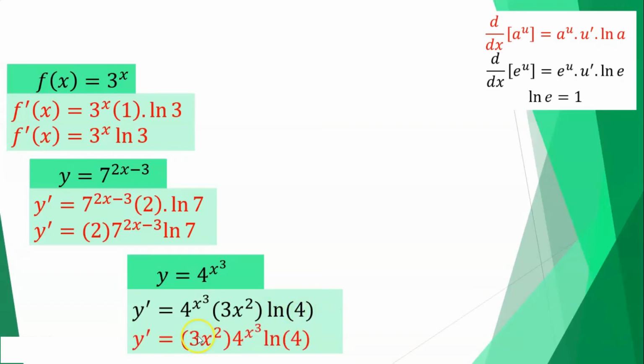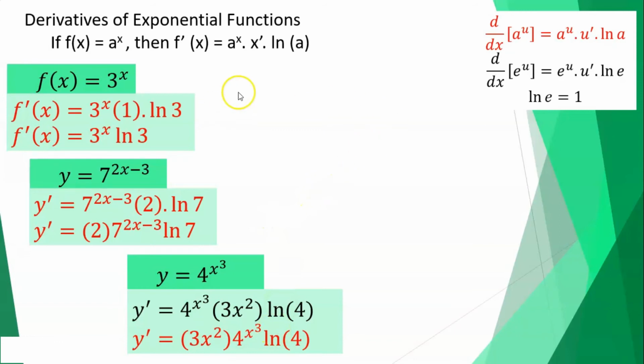Or we can rewrite it as 3x to the power of 2 times 4 to the x cubed, natural log of 4. So again, if we're given a to the power of x, its derivative is simply a to the power of x times the derivative of the exponent times the natural log of a.